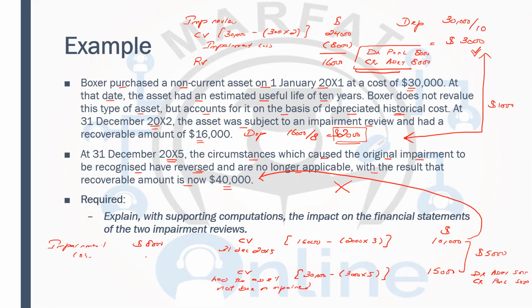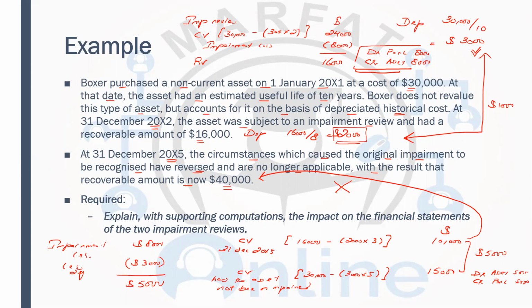So for 3 years, you charged 3,000 less depreciation. Now, if you see the net thing is 5,000, that means you have reversed the impairment of 3,000 in the form of reduced depreciation every year.